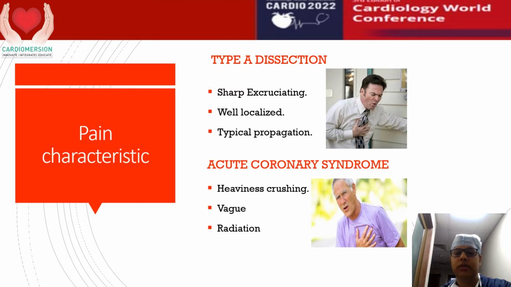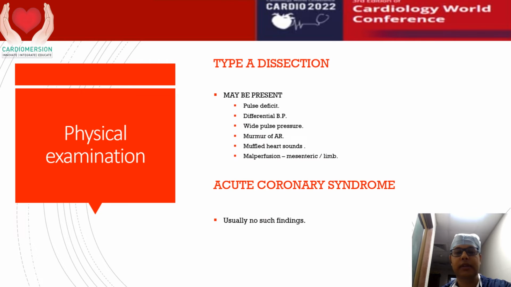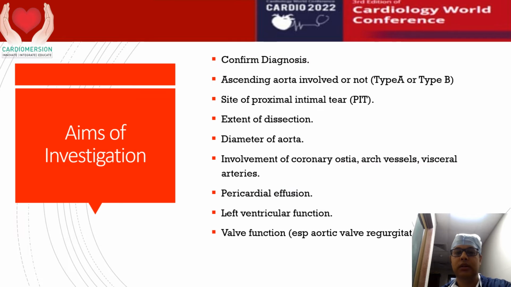In acute coronary syndrome, it would be heaviness or crushing pain, vague in nature, with radiation of pain. On physical examination in type A dissection, there may be pulse deficit, differential blood pressure, wide pulse pressure, murmur of AR, muffled heart sounds, and malperfusion like mesenteric or acute limb ischemia.